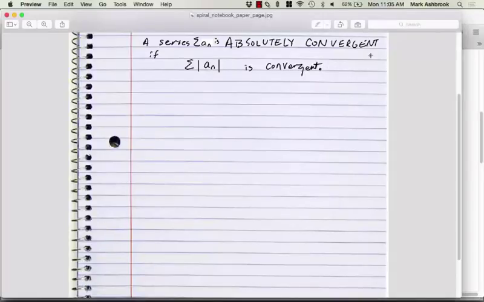So this alternating is helping the situation, right? So if you took away the alternating effect, in other words, if you just made them all positive, absolute value of every term, and it still converges, then you didn't need that alternating to help it converge. And so therefore that's called absolutely convergent. It's convergent whether it alternates or not. That's the idea.